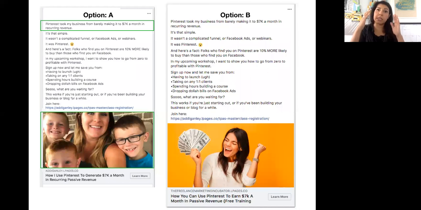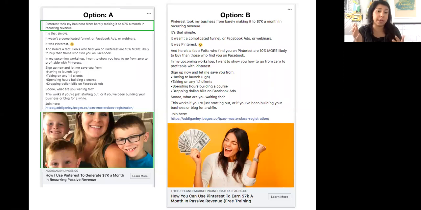So folks are basically subconsciously seeing an ad that looks like an ad and continue to scroll. They don't stop. So if your image looks like it should be posted by a friend or a family, or like somewhat just a user on Facebook, then it's more likely to perform well versus highly, graphically designed ads.